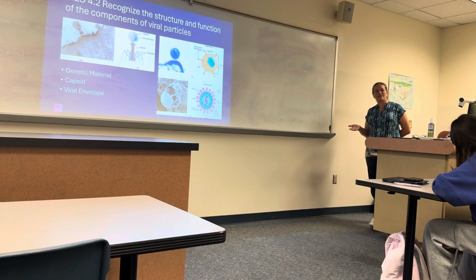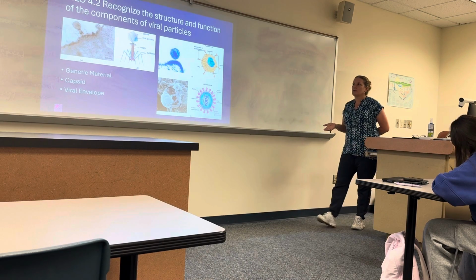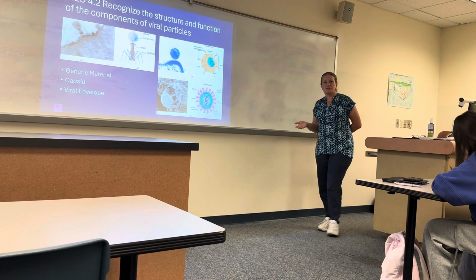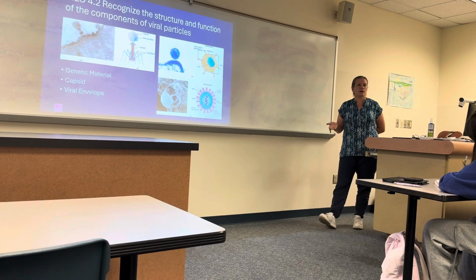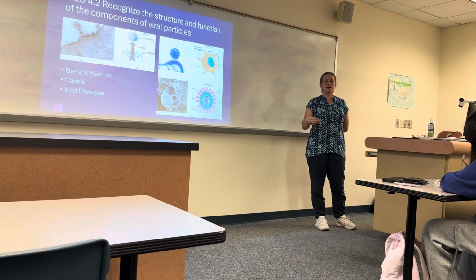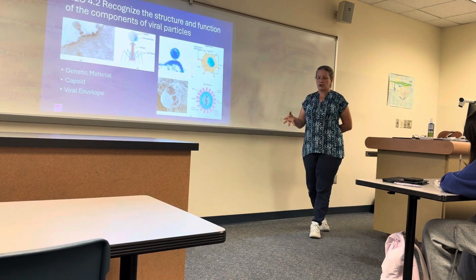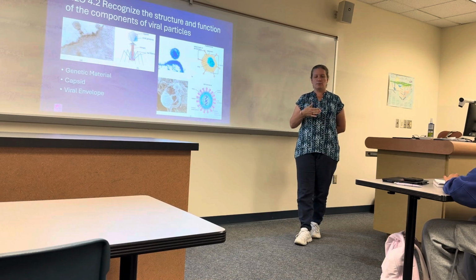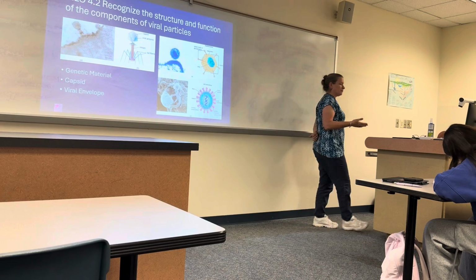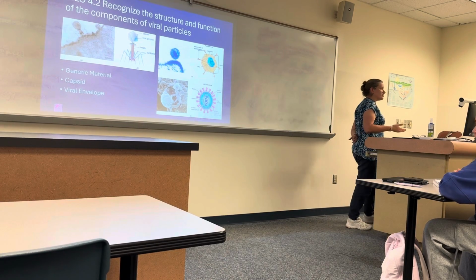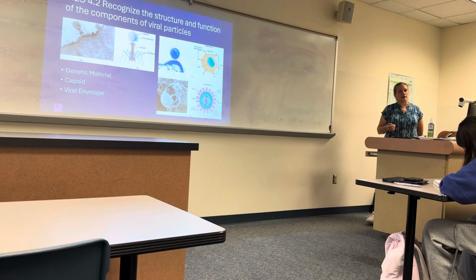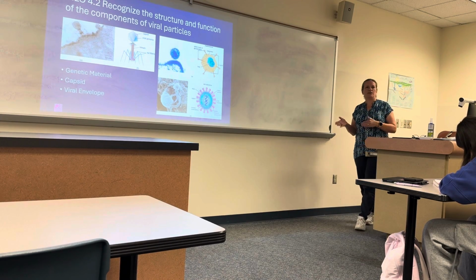Now, when it comes to single-stranded RNA, you also have what we call positive sense and negative sense. Positive sense single-stranded RNA is like messenger RNA. When that genetic information enters into the cell, it can be immediately translated, just like messenger RNA. Negative sense single-stranded RNA is like a complementary copy to messenger RNA.